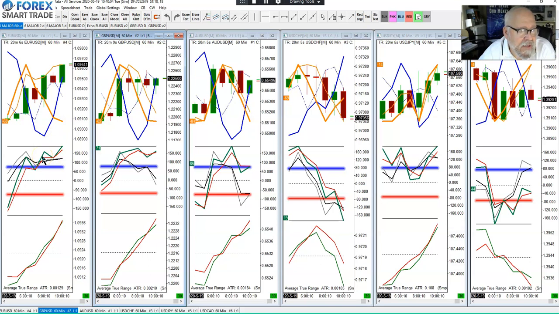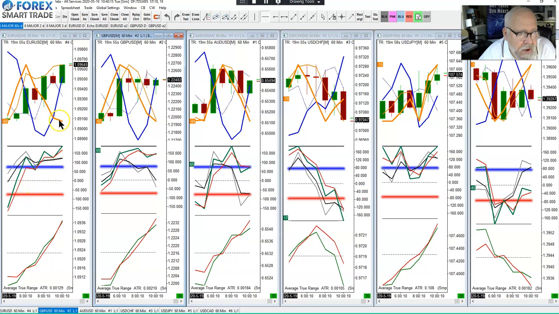Generally, I don't like to take a trade when the lines are up here. I want them to be oversold and catch it on the way up through the channel. But this line is so steep, I did take a 10 pip buy just a little bit before we got on, even though we were overbought, because the pressure is just so steep.